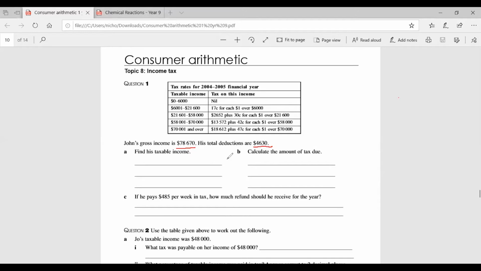These are tax deductions, so he has $4,630 in tax deductions. His taxable income is going to be his regular income minus those deductions. That is the new amount of money he has to pay income tax for. He doesn't have to pay tax on the 4,630 in deductions.